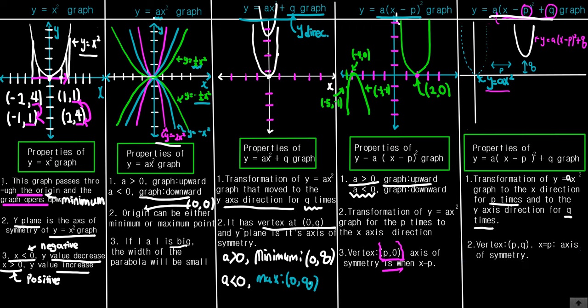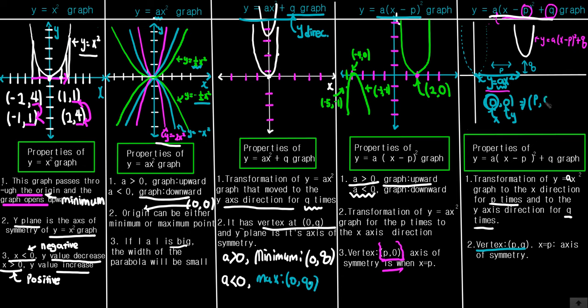And the reason why it has p comma q is because we moved it by p in the x direction, which means the x value will be changed according to the distance it moved from the origin. We don't know the exact value, so we just put it as p.